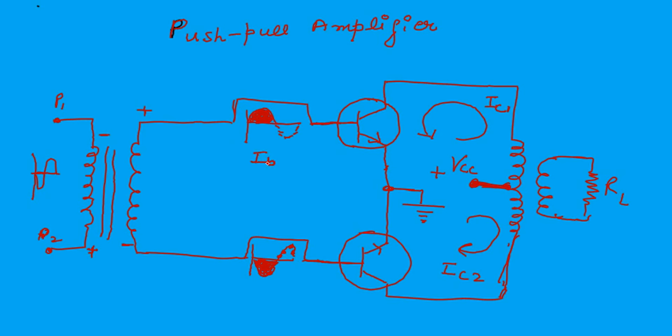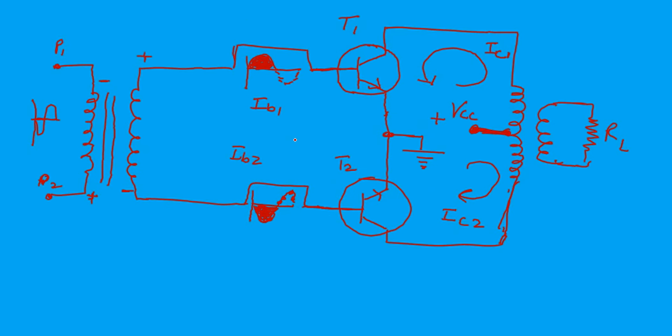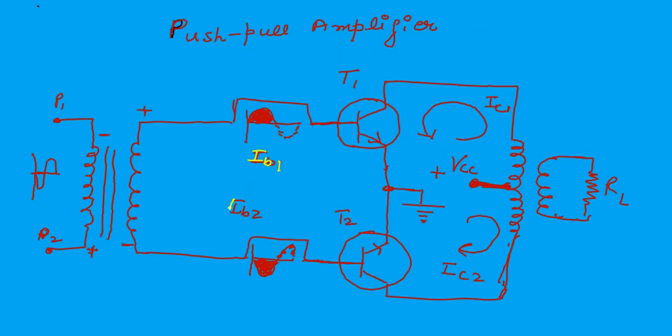The base of the upper transistor becomes positive. If the base is positive, transistor T1 works and gives the current as shown, and the lower transistor at that time remains off because its base is negative. The upper transistor is on.